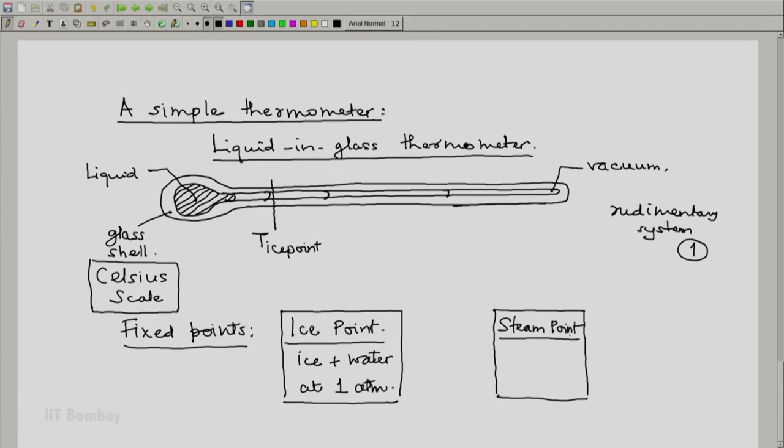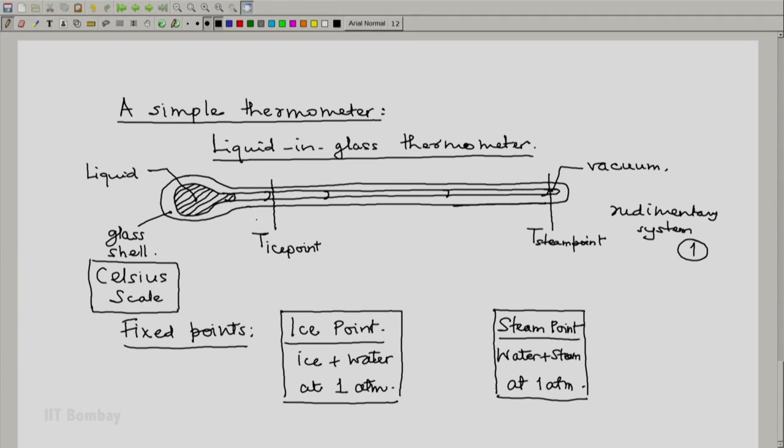Here we boil water and keep it in such a state that we have water and steam together and the system pressure is again 1 atmosphere. We bring this thermometer in contact with such a system across a diathermic wall, wait till thermal equilibrium is reached, and then again mark the length of the thread at the steam point.